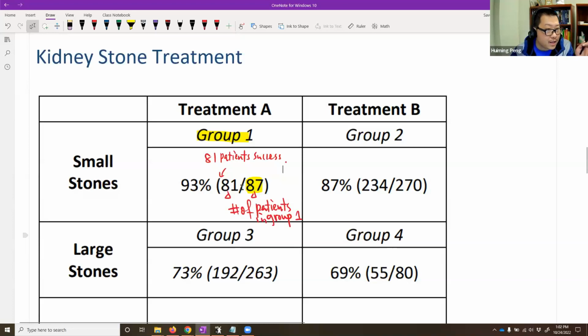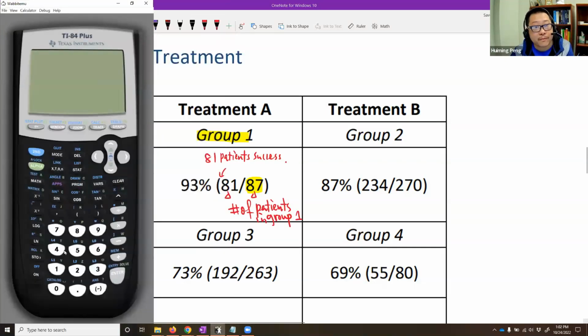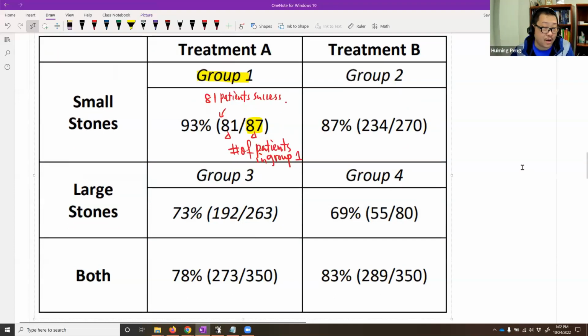If you do the calculation, everyone, it's easy to get. 81 successes out of 87. See, that's 0.93. 0.93 times 100 is 93%, right? So we get this 93% as the success rate.